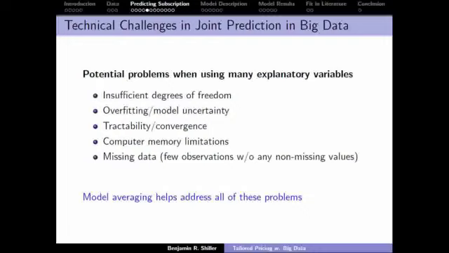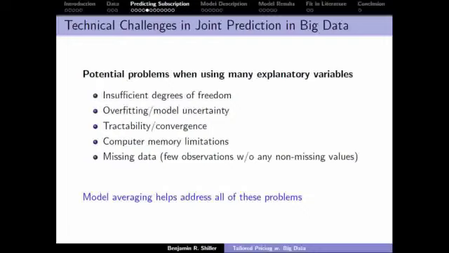Computer memory limitations are something I actually was running into. I had a pretty fancy computer that I was using for some of this. And you very quickly run out of memory when you have 60,000 individuals and 5,000 variables, or increase that even further. And then missing data. At least Stata drops an observation if any one of the variables is missing for it.